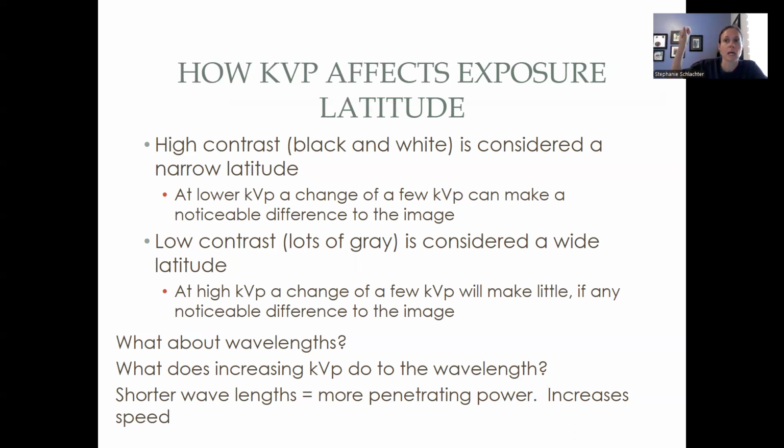Say our KVP is 115. If we make it 120, we're probably not going to see a difference in our contrast, in those grades. So remember, low contrast, high KVP means we have lots of grays and a wide latitude, right? There's lots of those shades. It's a longer spectrum of grays.